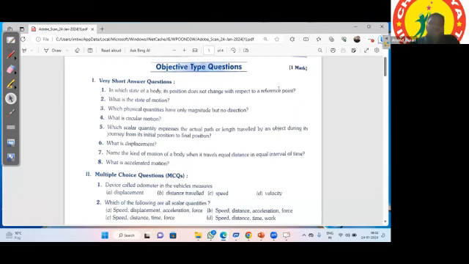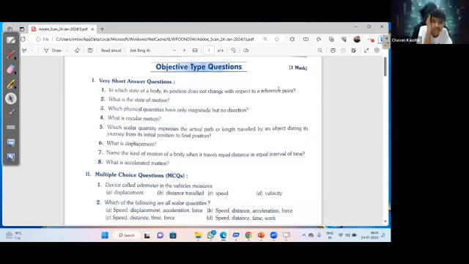So basically, if the position changes with respect to time, to measure the change of position you use different quantities, like distance, displacement, speed, velocity. So that is a different aspect.